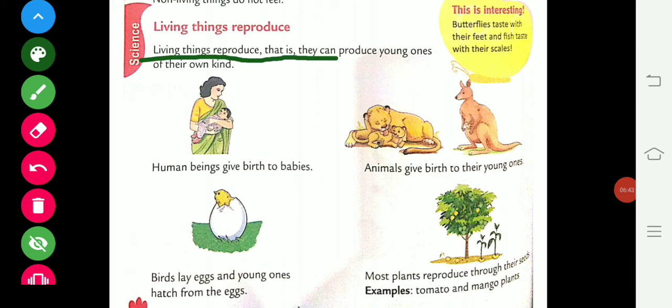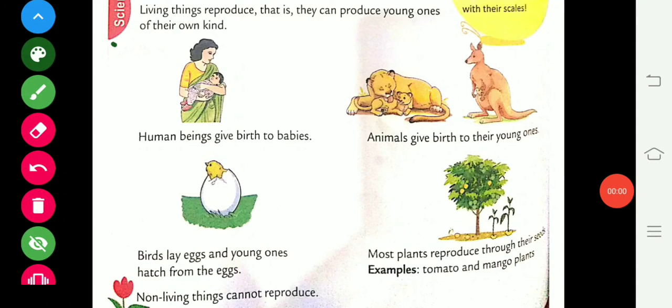Living things reproduce, that is, they can produce young ones of their own kind.